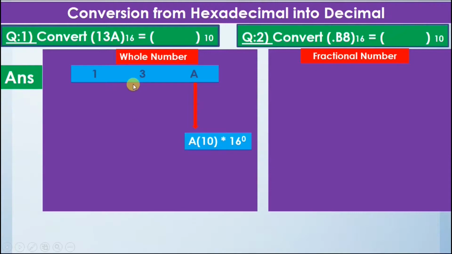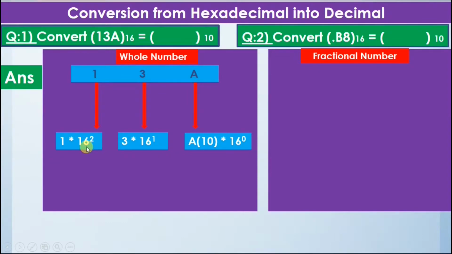Next, we will take the digit 3 and multiply it with 16 raised to power 1. Again, the powers start from 0 and increase by 1 while moving towards the left. Next we will take the digit 1 and multiply it with 16 raised to power 2.